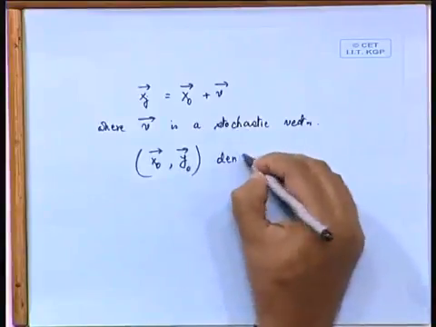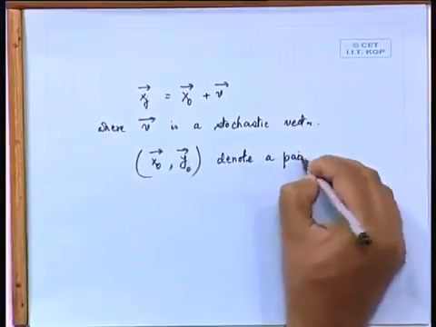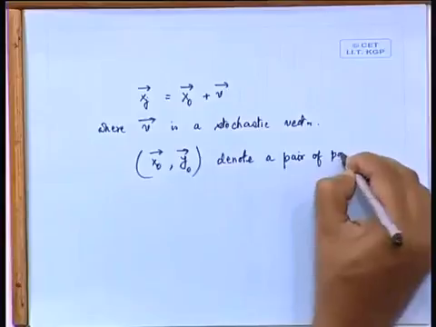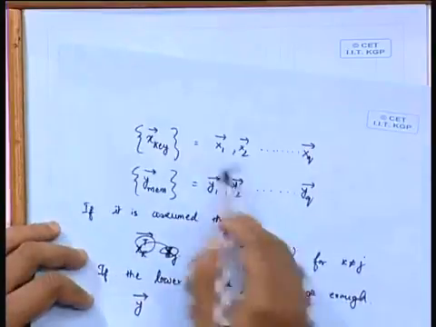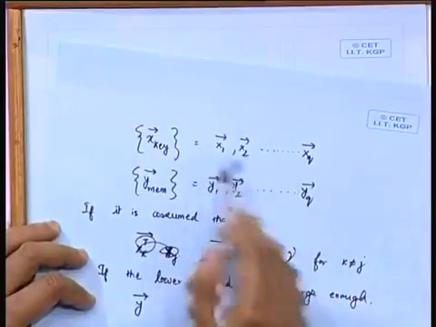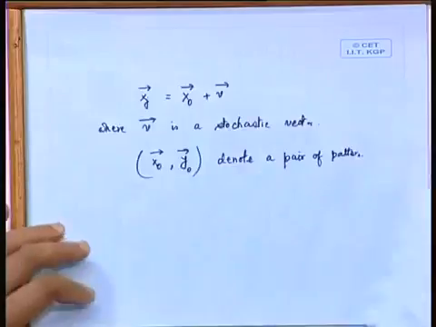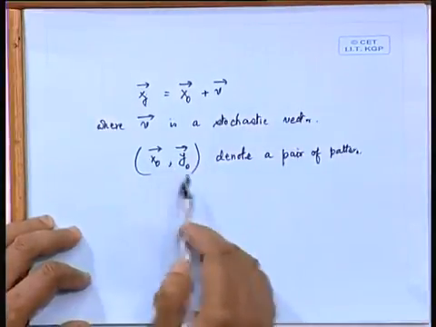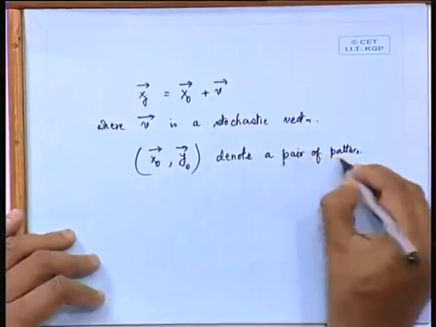So, x naught, y naught denotes a pair of patterns never seen. Why are we calling it never seen? Because x naught is not there in this set, y naught is not there in this set, but we will be getting an association of x naught with y naught.